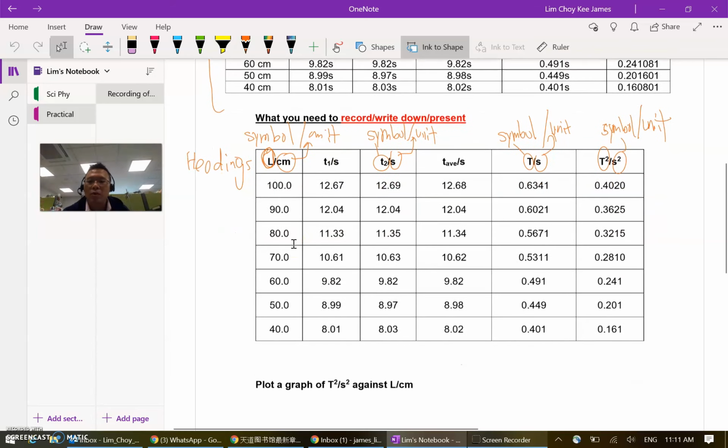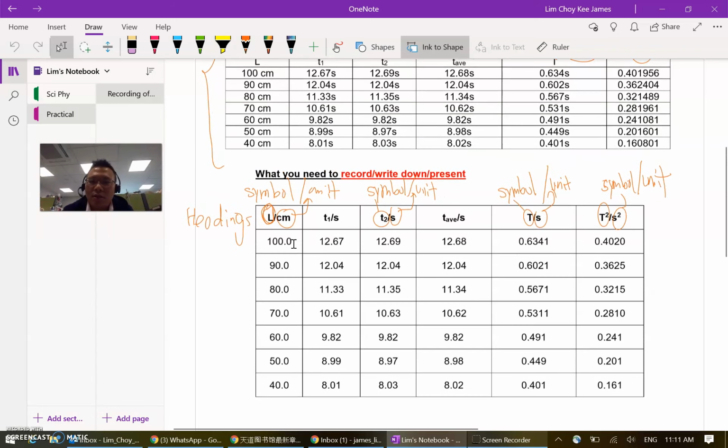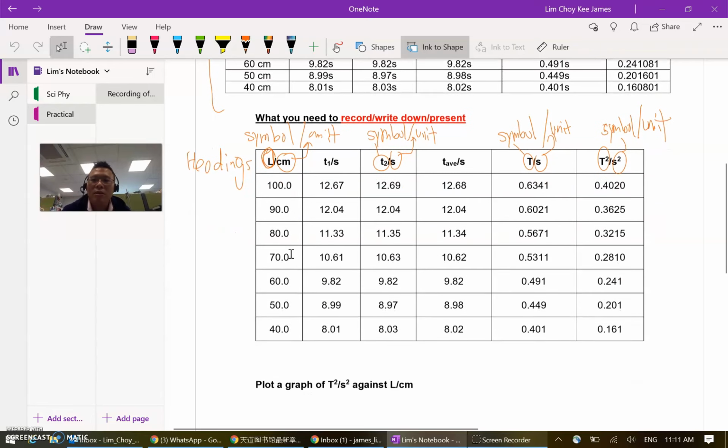After that, when you record the data, it's not just the value that's important. The way you present it, how many dp and SF, is actually important, because in physics the dp, the accuracy of the data, depicts the instruments used by the scientist. For example, for length in cm, I'm usually using a meter rule.